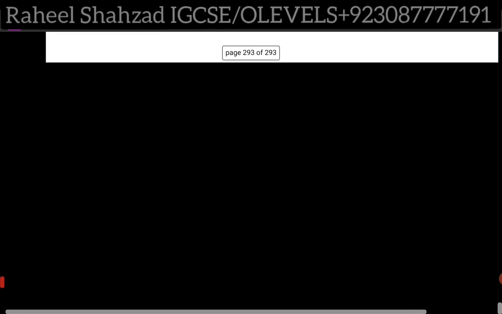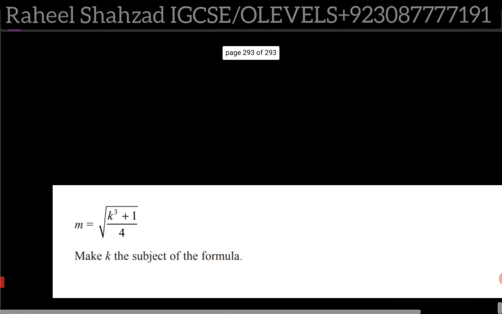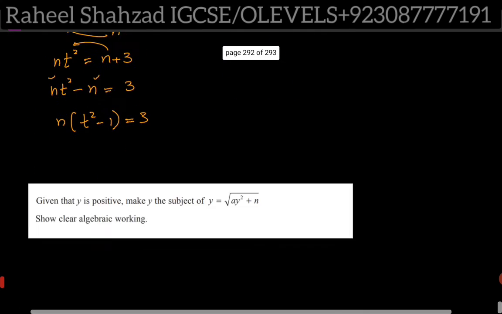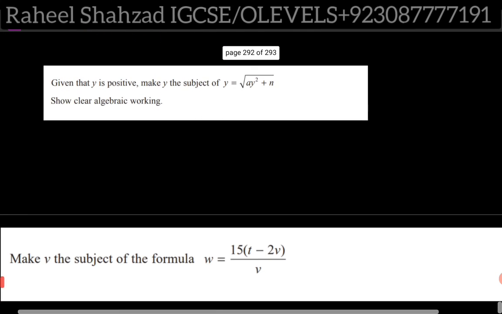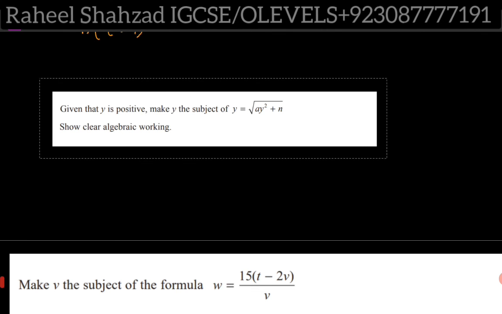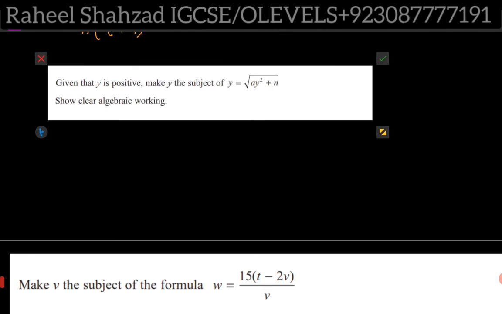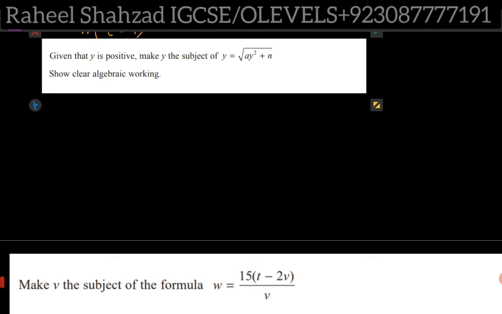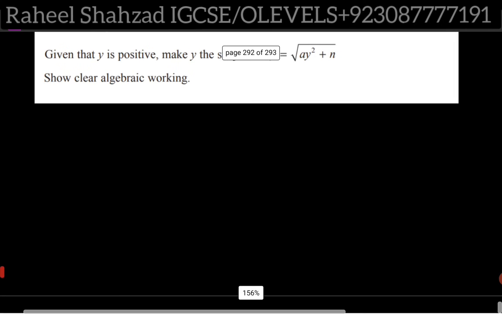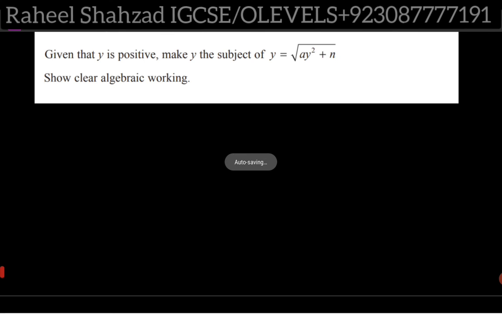Let's come to the next question. This is exactly the same. In this case, I guess we need to take square on both sides, and then we need to make y the subject.